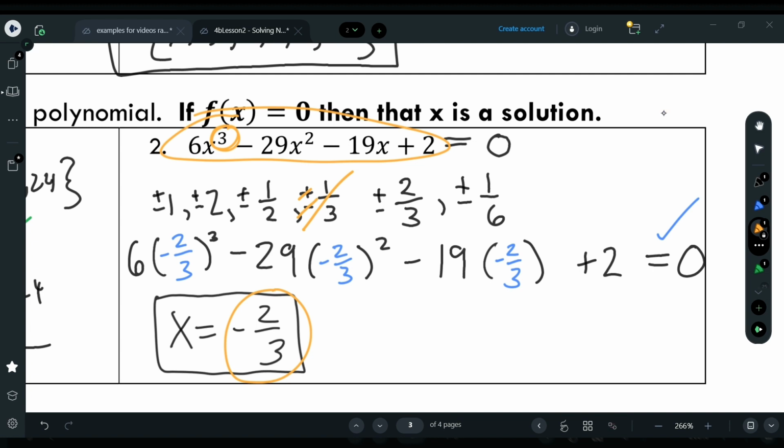And yes, you can do synthetic division with the fraction. Might get a little bit ugly, but it should actually work out. It should give you a remainder 0 in the synthetic division, and then of course whatever quadratic is left over, you solve to find the last two solutions. Okay, that's that one.